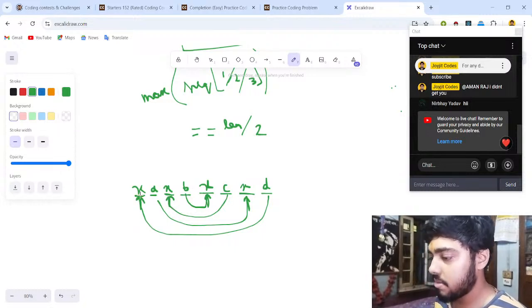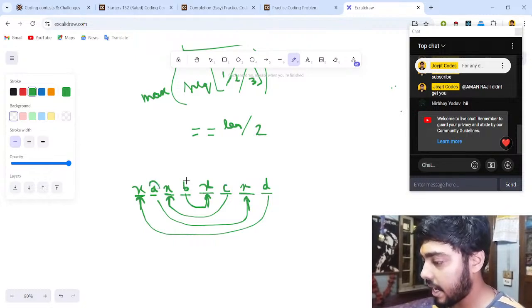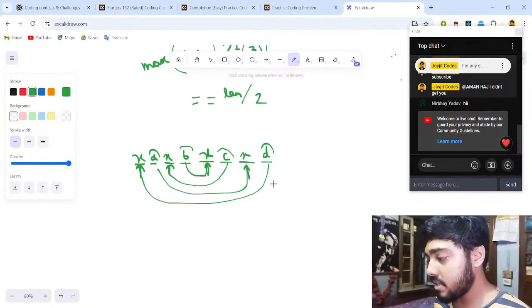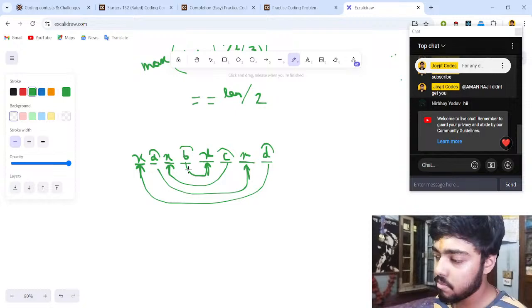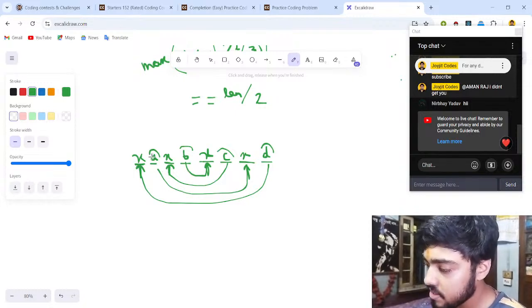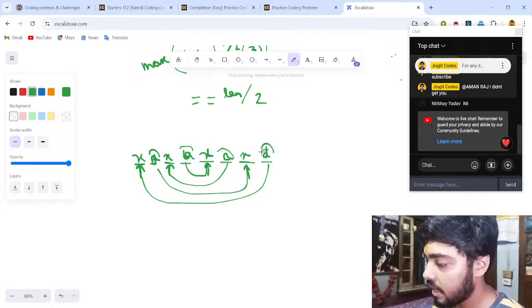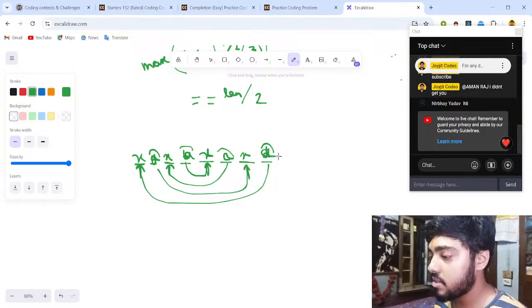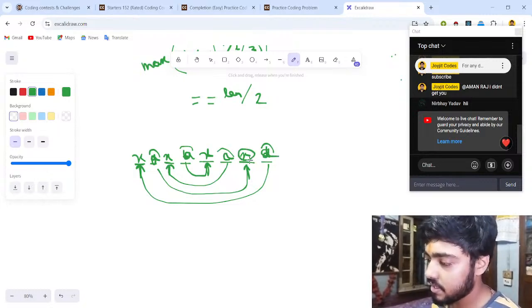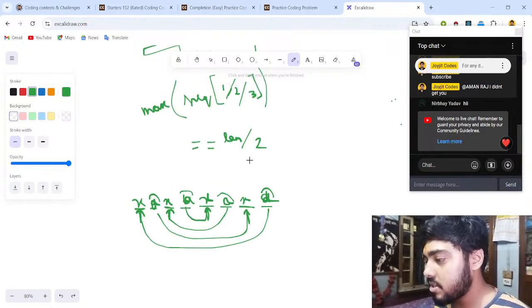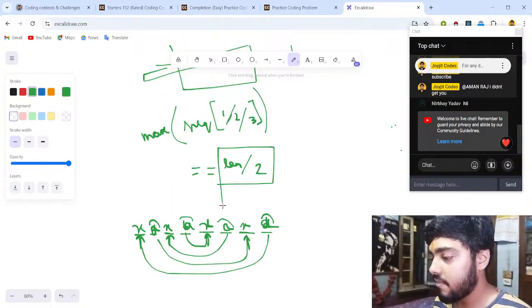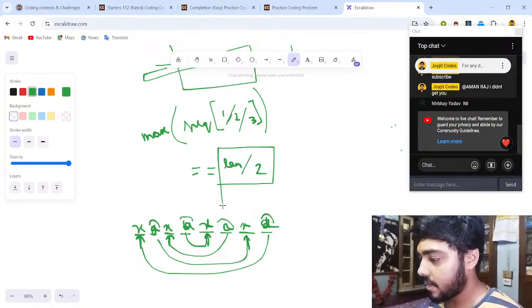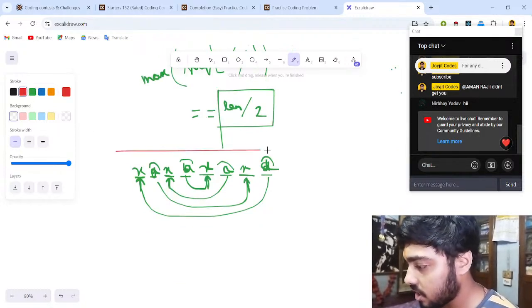So it is only possible if the remaining elements are not equal to X. So A, B, C and D are not equal to X. That means that whatever the frequency of the maximum element is, even if A, B, C, D are the same, the maximum frequency element is X, no matter what. So if the maximum frequency element is equal to length by 2, then we can say it's a valid thing. Is this logic clear?